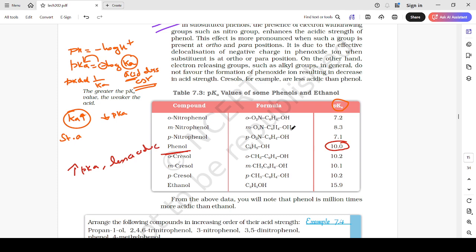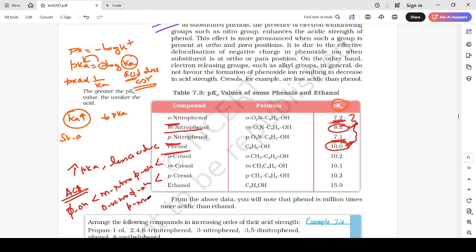Now compare the values here. With respect to pKa value, the higher the pKa value, the less acidic it is. 10, then comes 8.3. Yes, it is m-nitrophenol. Then comes ortho-nitrophenol, 7.2. Then comes para-nitrophenol, 7.1. So with respect to acid trend, phenol is least acidic, followed by meta-nitrophenol, followed by ortho-nitrophenol, followed by para-nitrophenol.